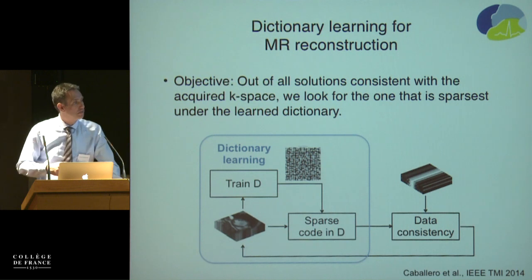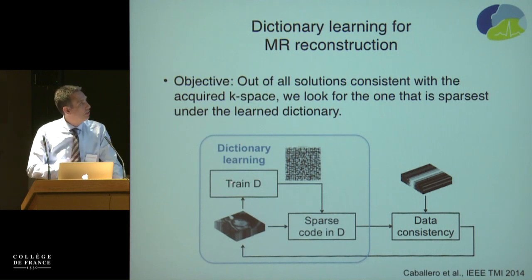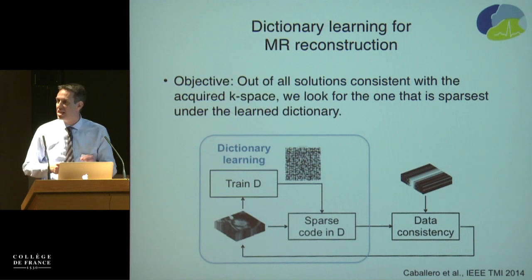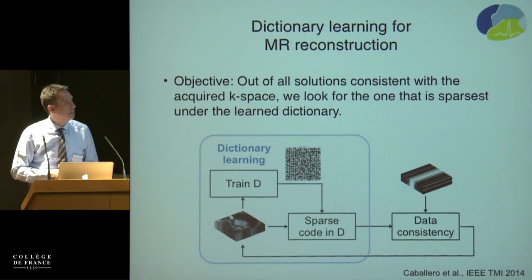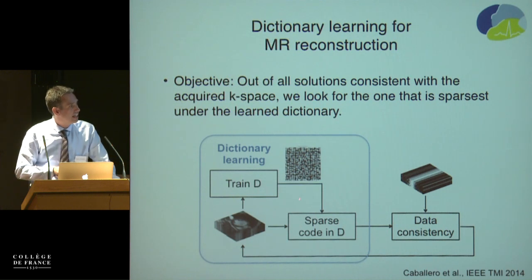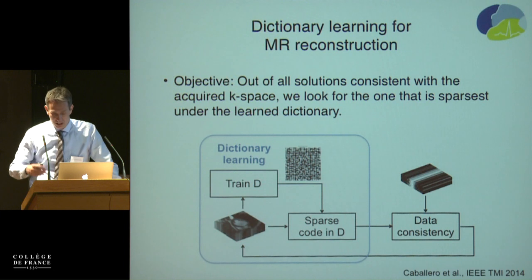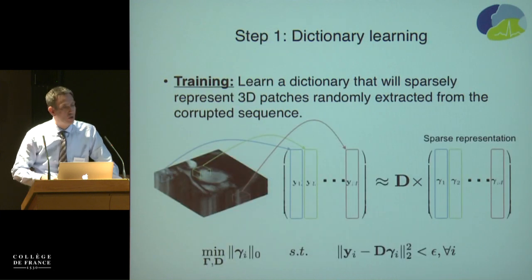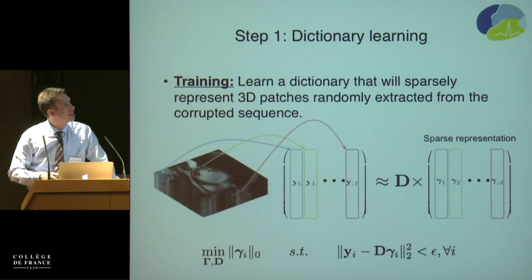And the basic premise of this algorithm is that we have a training stage which learns a dictionary, which you see here, and you can think of this as small building blocks from which I can reconstruct the image in a sparse fashion. Once I've learned this, I can encode my image using this dictionary, I can ensure data consistency, and I can iterate through this process and recover the full data. So let me just walk you briefly through how this works.